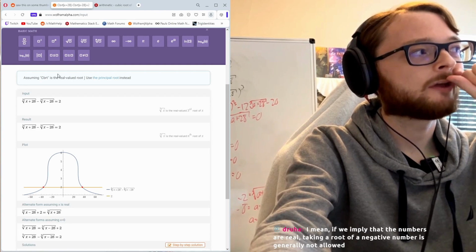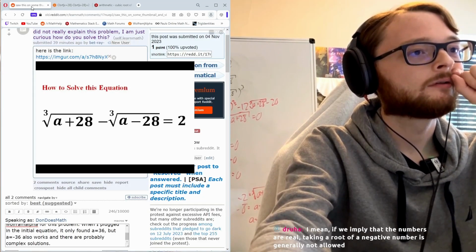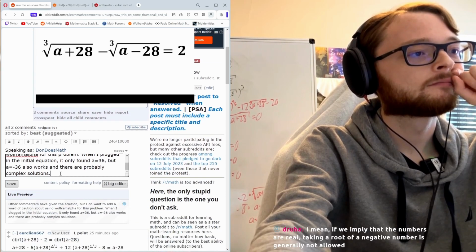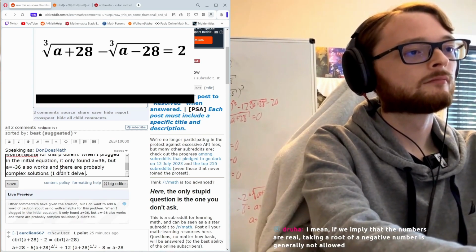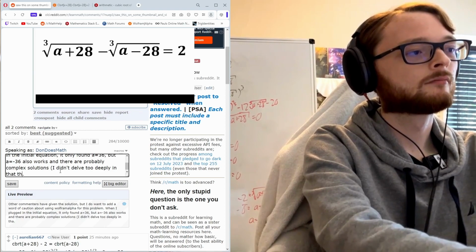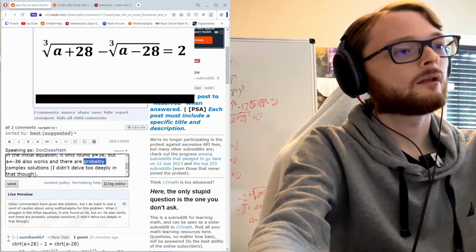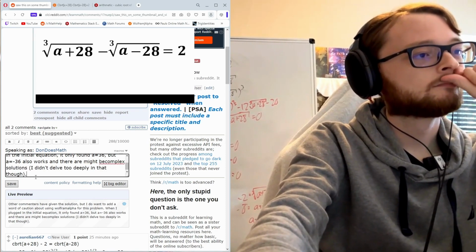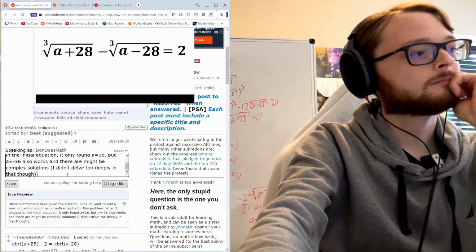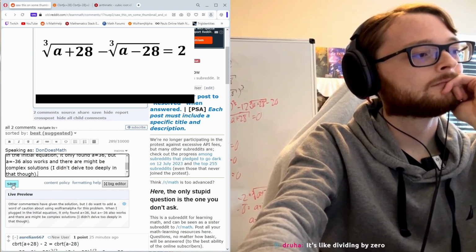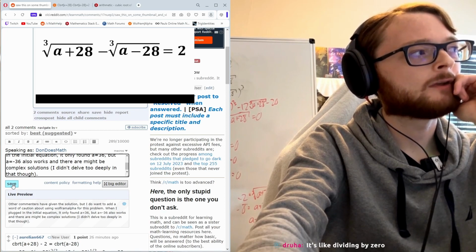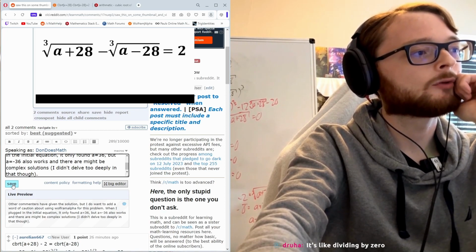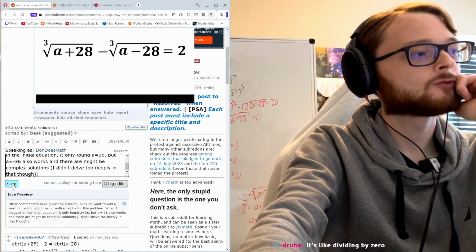Well, for a cube root, would you only take the real solutions though? But if negative one cubed equals -1, why can't the cube root of -1 equal -1 if you're restricted to real numbers?